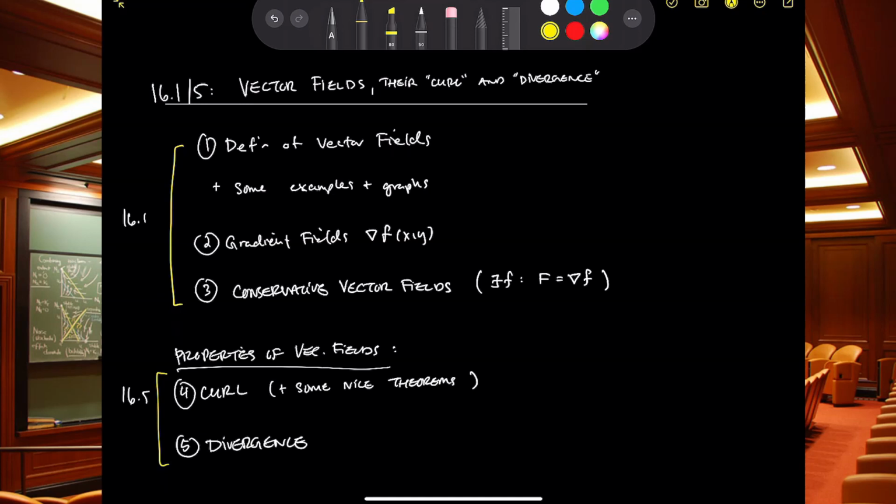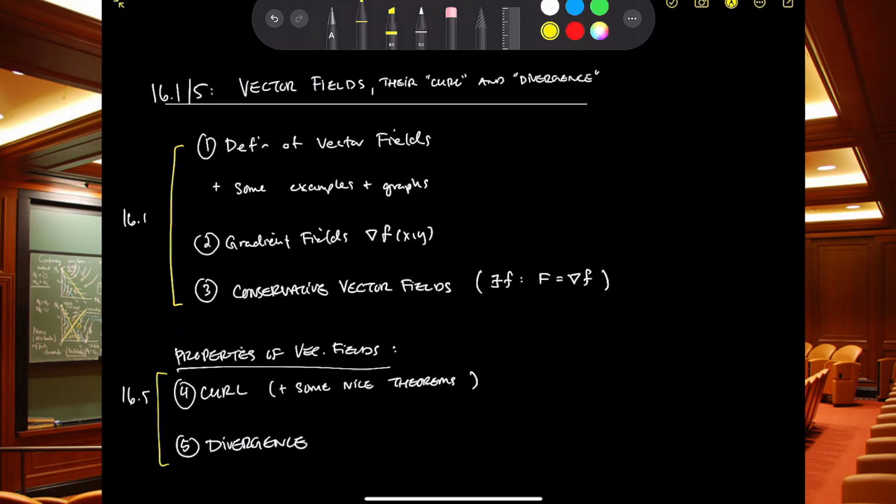So we're going to start off in 16.1 just looking at the definition of vector fields and what are called gradient fields, and then the notion of a conservative vector field, which you might have heard from in a physics course. Not important if you haven't. And then we're going to peek into 16.5, these two properties of vector fields that I really want us to be acquainted with as we start this chapter, which is the curl and divergence.